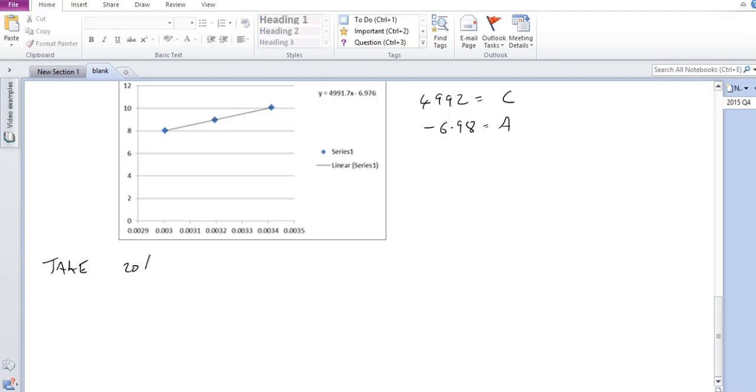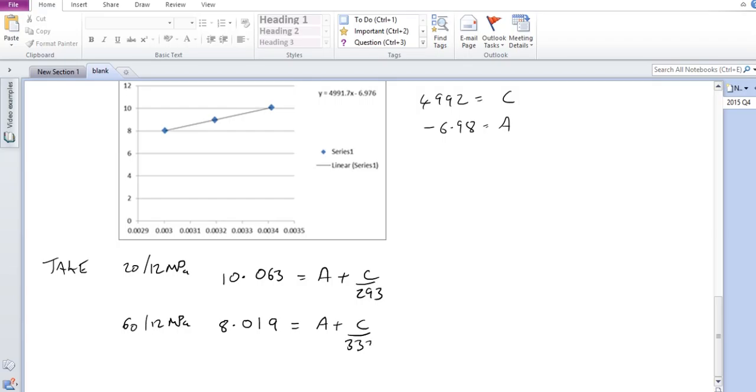If we take the 20 degree 12 megapascal point, we know that 10.063 is equal to A plus C over 293, and the 60 degree 12 megapascal point, we might as well take them as far apart as possible to get the best accuracy, is 8.019 equals A plus C over 333. So those are the numbers that we just worked out beforehand.